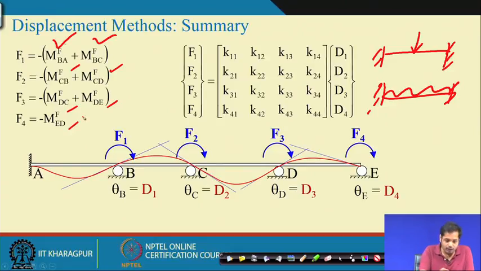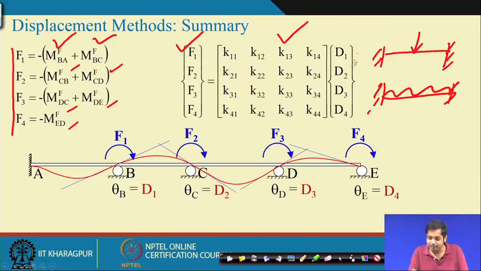Once these fixed end moments are known, the equivalent joint loads are also known, meaning the vectors F1, F2, F3 are known. All the elements of the stiffness matrix are also known because they depend on the material property and the geometry of the structure. The only unknown here is the displacement, so displacement can be computed.